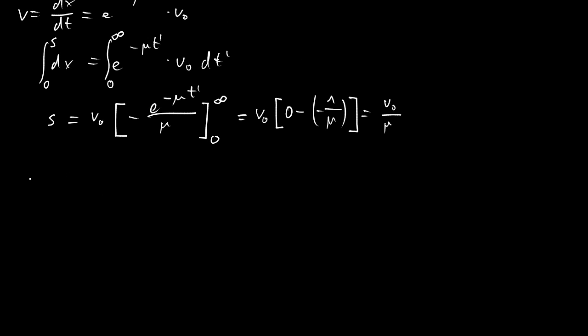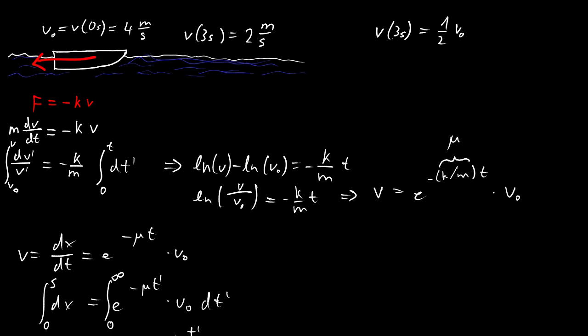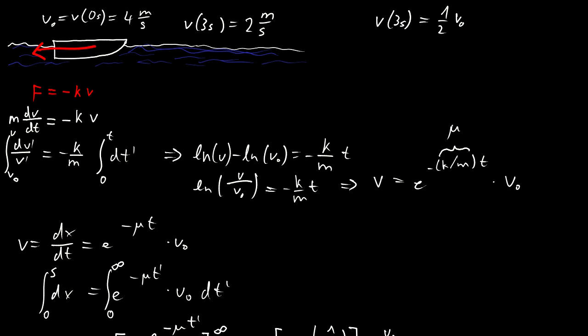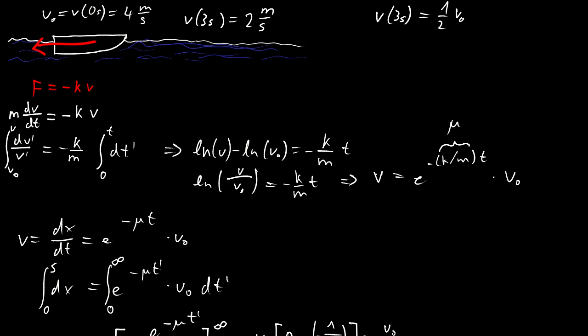Okay, we had the initial condition that the velocity after 3 seconds is 1/2 the velocity before those 3 seconds, so times the initial velocity that it had before those 3 seconds passed. So if you just plug in 3 seconds for t in this equation here, so let's say v of 3 seconds, this is equal to 1/2 v0, right? v0 over 2.